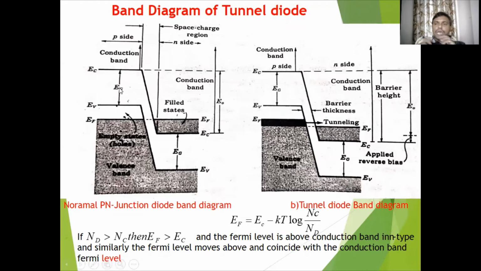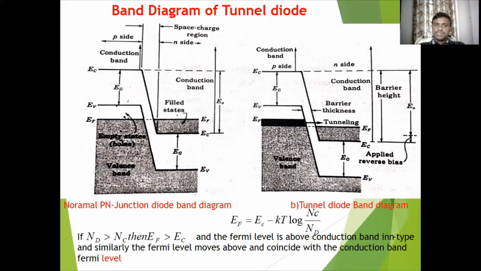We all know that in P side semiconductors, the Fermi level is present near the valence band. For a normal, not highly doped, P-type material, we have already seen the Fermi level position in intrinsic and extrinsic semiconductors in the first unit.